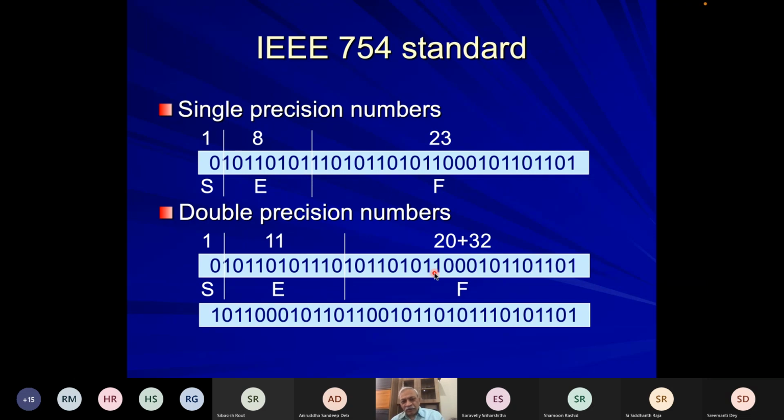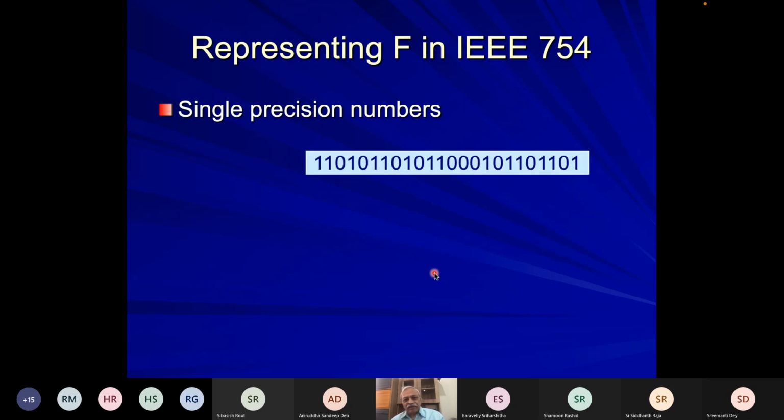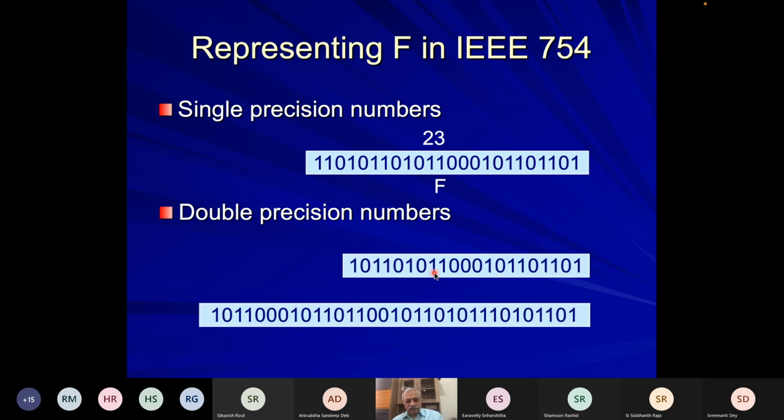The next question is, how do you represent each of these? For single precision numbers, we have 23 bits for the fraction part, and for double precision we have 52 bits. We assume these fraction parts to be lying in the range 1 and 2. So the least is 1.0, and the maximum is slightly less than 2.